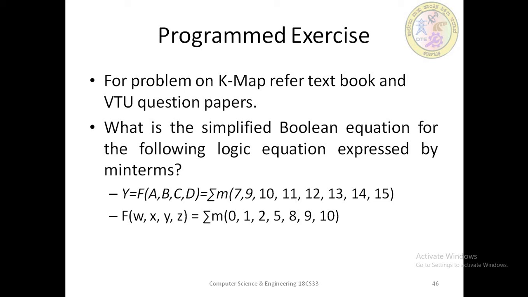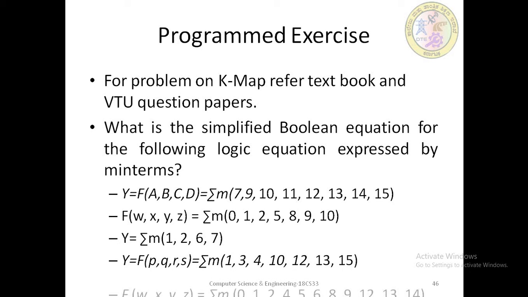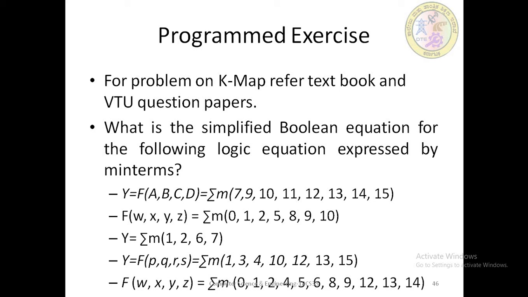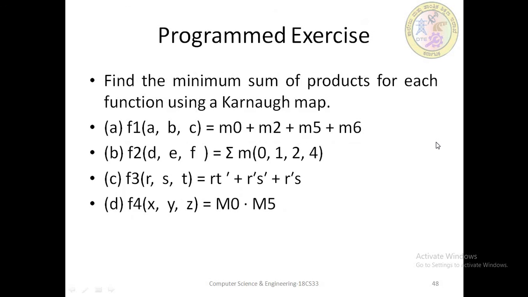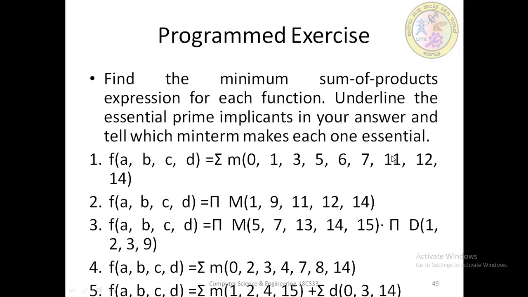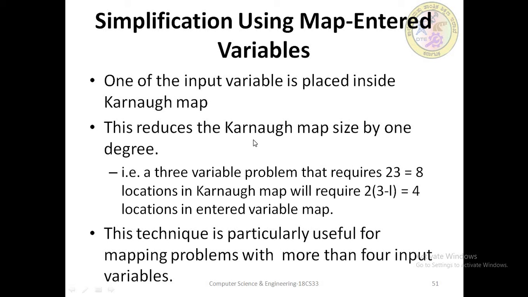Here you can see we have five questions, so please try to solve them, and the results are also given. A few more are here with the don't care conditions. These are questions you have to try yourselves.